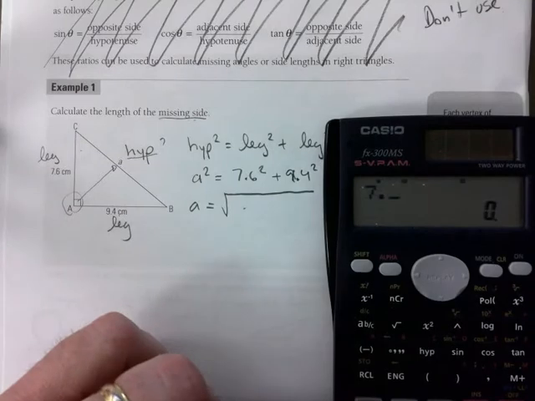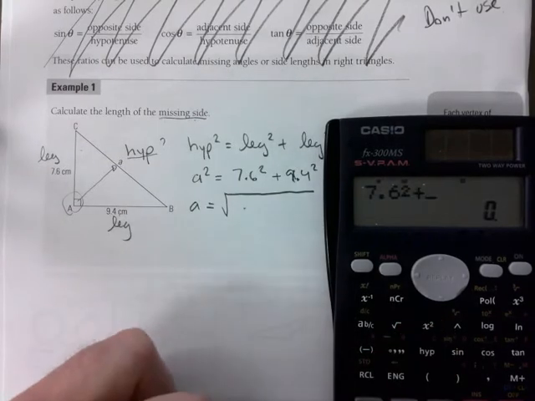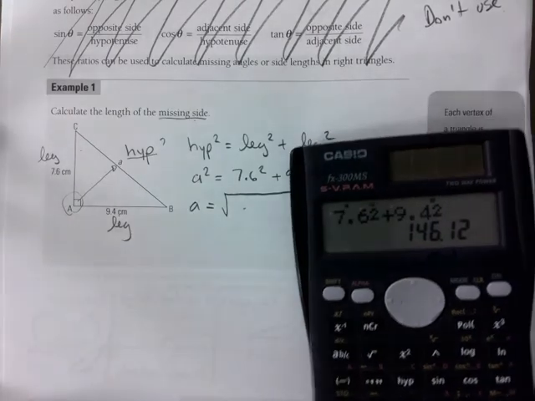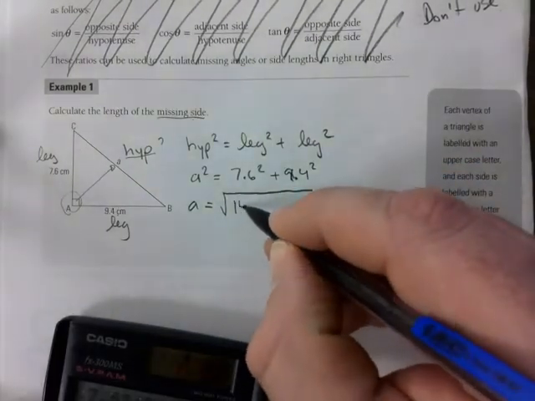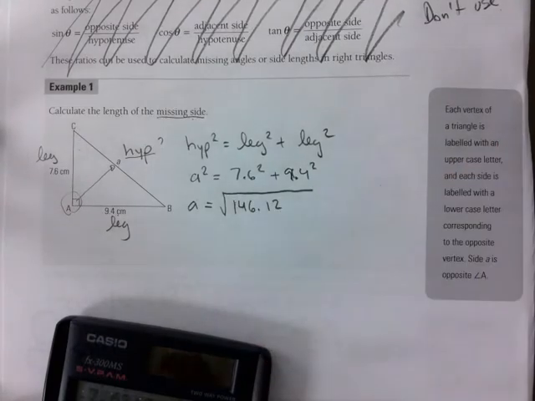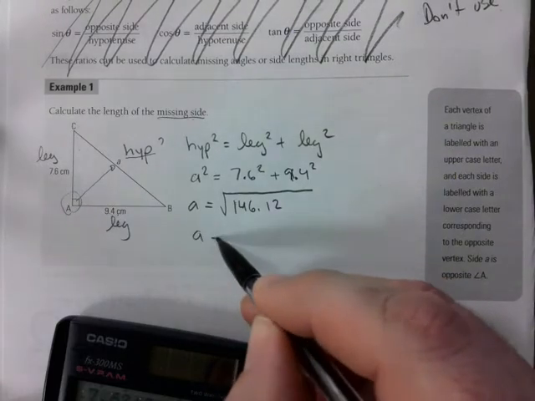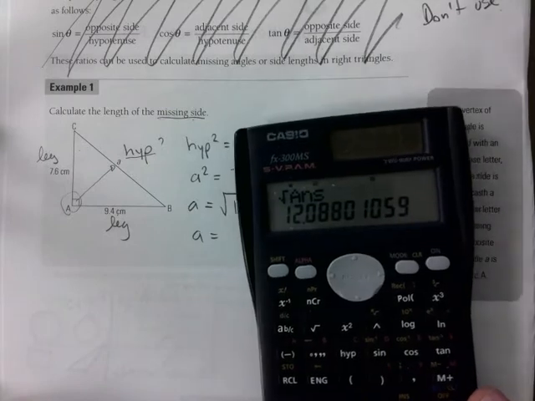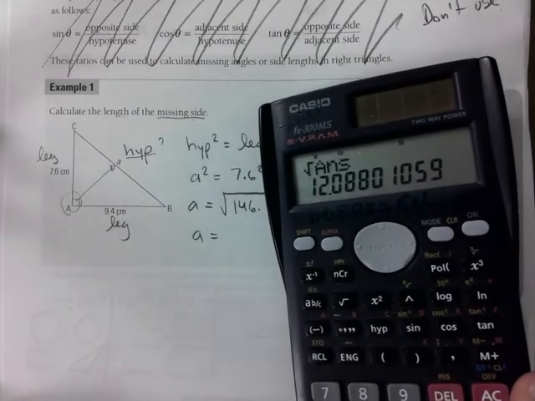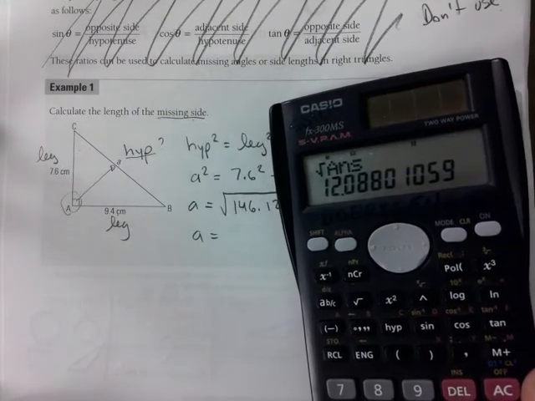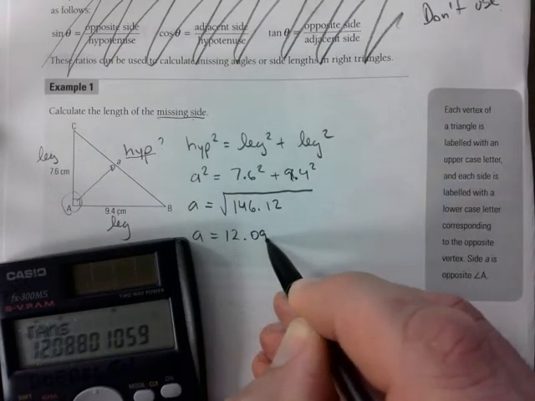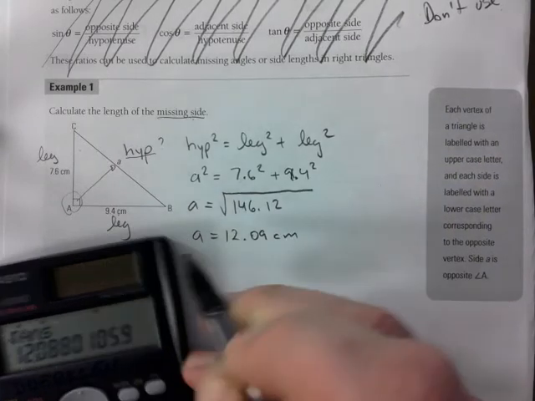On the ledge there, so 7.6 squared plus 9.4 squared, that's 146.12. Square root that. It's 12.09. Okay, 2 decimals, always your final answer, 12.09. And we are in centimeters.